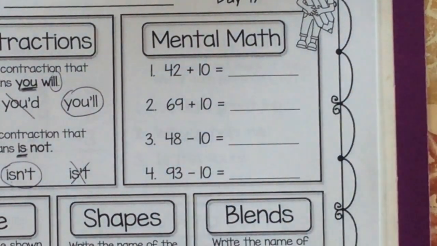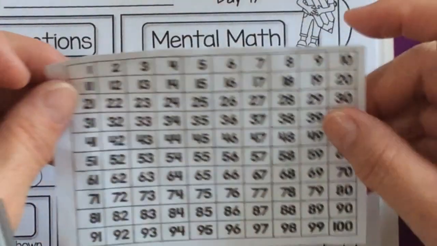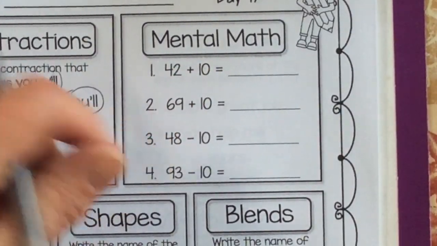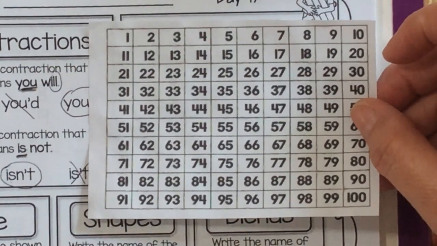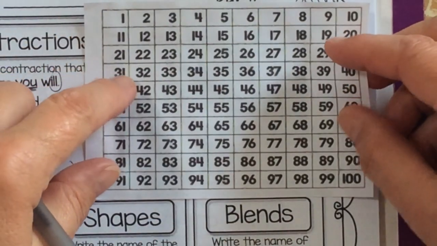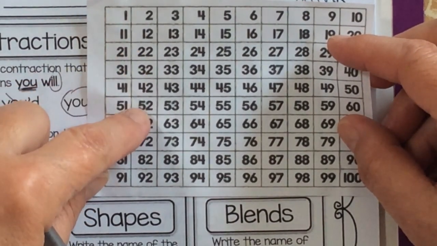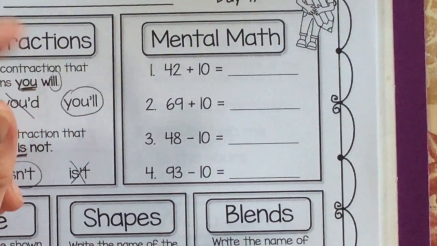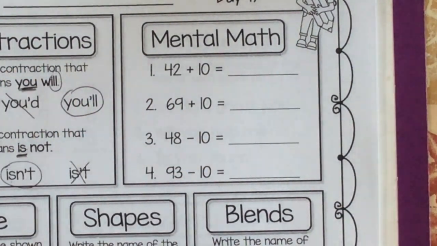Okay, moving over to mental math. This is just like what we were doing: we're adding 10 and taking away 10. So when you find the number 42 plus 10, it has to get bigger. 42, 10 more. I'm going to put on the think time, and I'll put my hundreds chart there for you to look at.